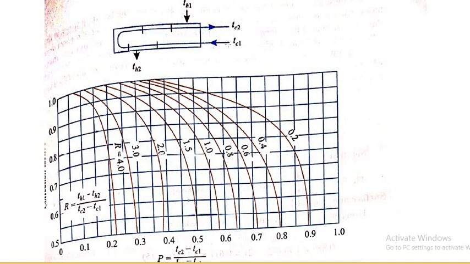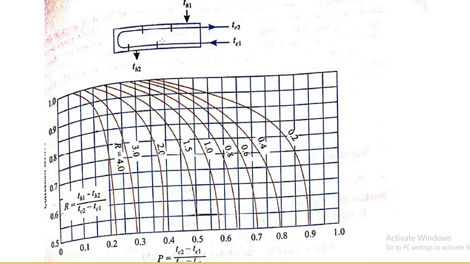Here we can see that the fluid flows in this direction first in the shell, and then once again flows in the opposite direction. So this fluid is flowing 2 times inside the shell, or we can say that there are 2 passes of tubes inside the shell for the cold fluid.